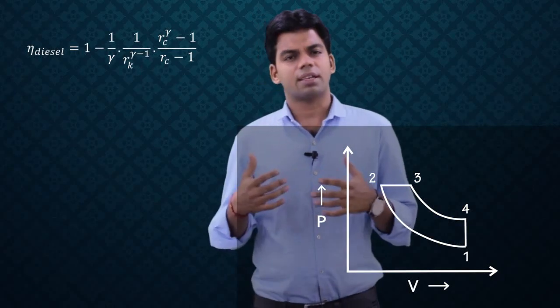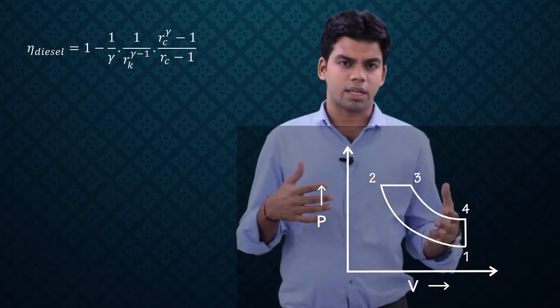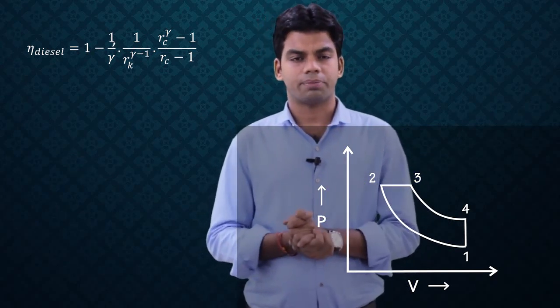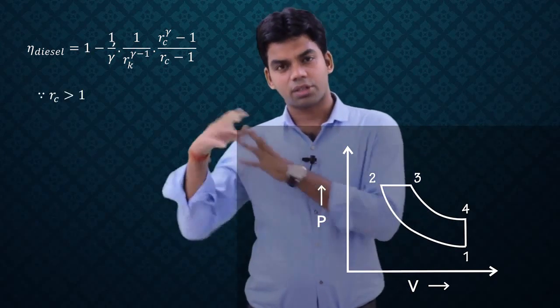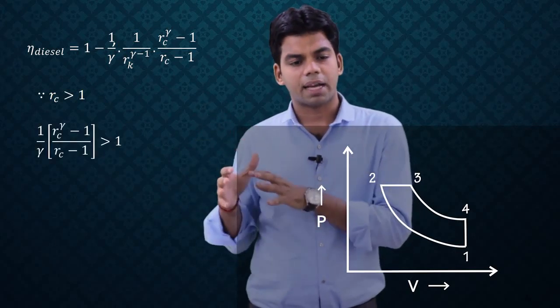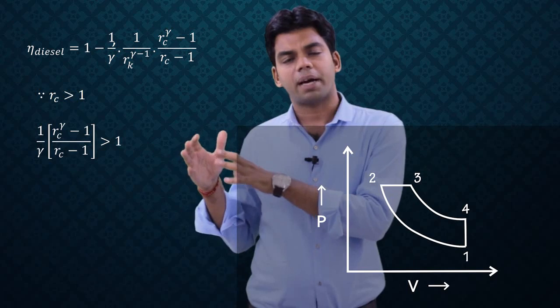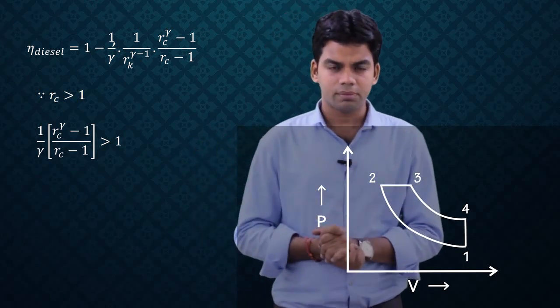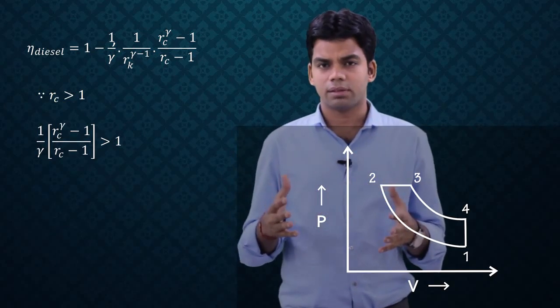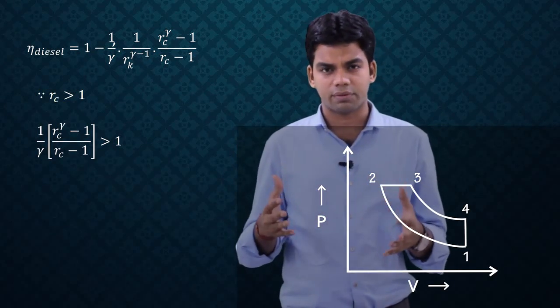Now, you can compare this efficiency with respect to the Otto cycle. In Otto cycle, the efficiency was 1 minus 1 by RK to the power gamma minus 1. Now, here we are having some extra term apart from 1 minus 1 by RK to the power gamma minus 1, we are having 1 by gamma into RC to the power gamma minus 1 upon RC minus 1. Now, as I have already told you, RC is always greater than 1, the value of cutoff ratio is greater than 1.